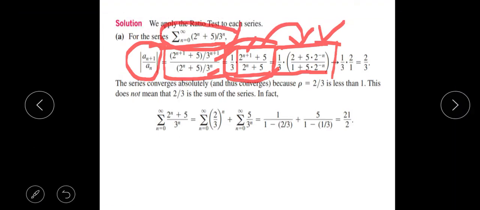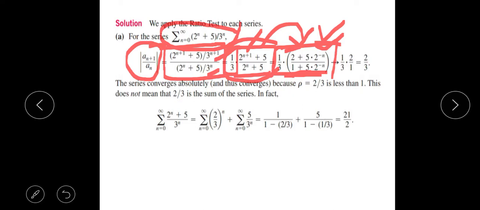If you divide this by 2 raised to n, you will get simply 1 extra 2 in the numerator, and in the denominator you will get 1, and if you divide 5 by 2 raised to n, you will get 5 into 2 raised to minus n, and similarly in the denominator 5 multiplied by 2 raised to minus n.